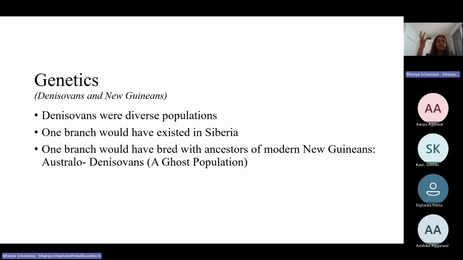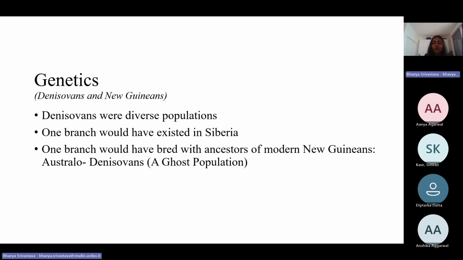One branch may have existed in Siberia, and the other branch may have existed in a much more southern area, and they would have bred with the ancestors of the present day New Guineans. And this other population, not the Siberian Denisovan that was found in the Altai Mountains, but the Australo-Denisovans, would have been the ones who contributed to the DNA of present-day New Guineans.